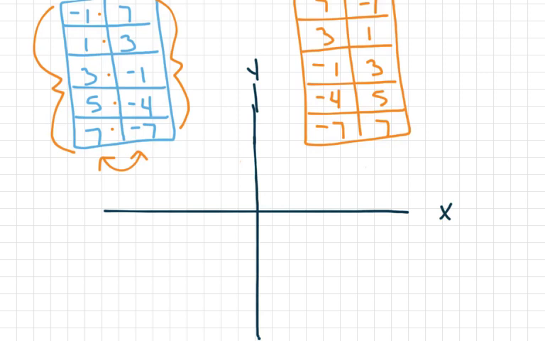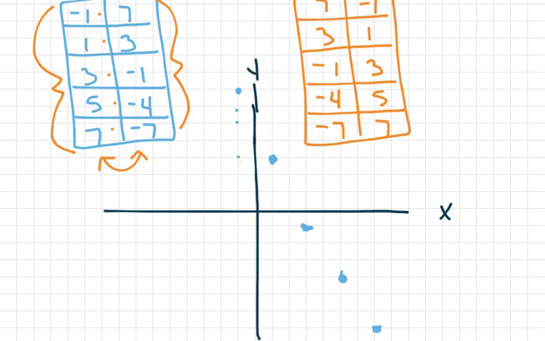I have the point -1, 7, then 1, 3, then 3, -1, then 5, -4, and then 7, -7.